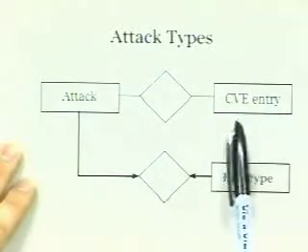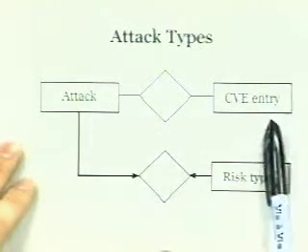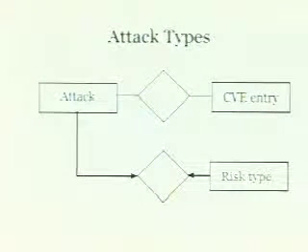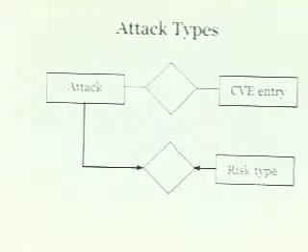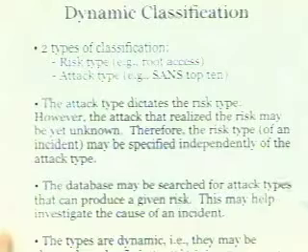And the attack may correspond to several CVE entries. Some of the entries in the SANS top 10 have more than a dozen related CVE entries, so vulnerabilities that can result in that. So the attack type dictates the risk type.